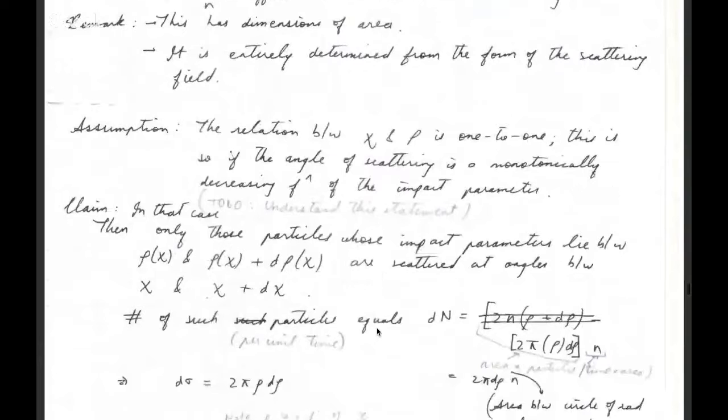But there is this thing about 1 to 1, which I think we have glossed over. The relation between chi and rho is 1 to 1. This is so if the angle of scattering is a monotonically decreasing function of impact parameter. But if it's monotonically increasing or decreasing, then it will be 1 to 1, right?